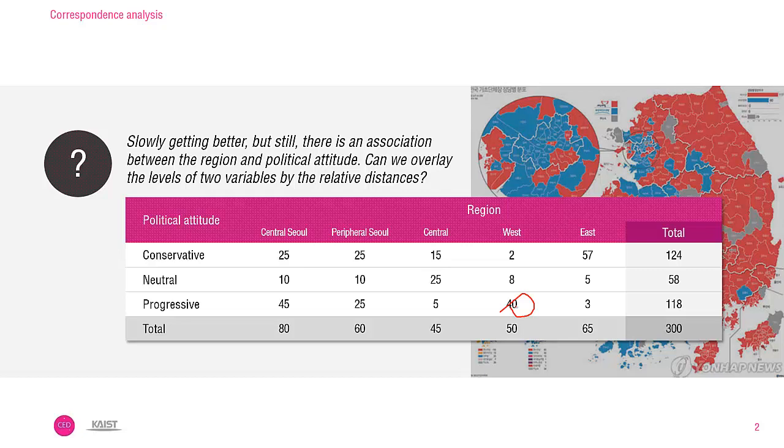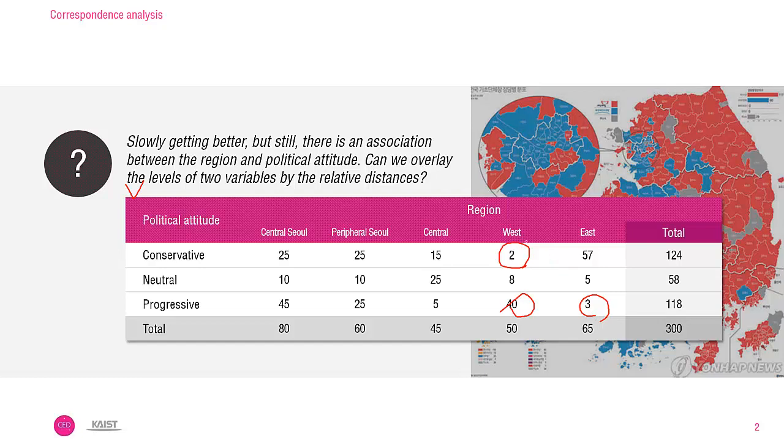For a chi-square analysis, the frequency of at least 80% of cells in the cross-tabulation should exceed 5. In this table, we see that there are 2 cells, this and this, whose frequencies are smaller than 5.